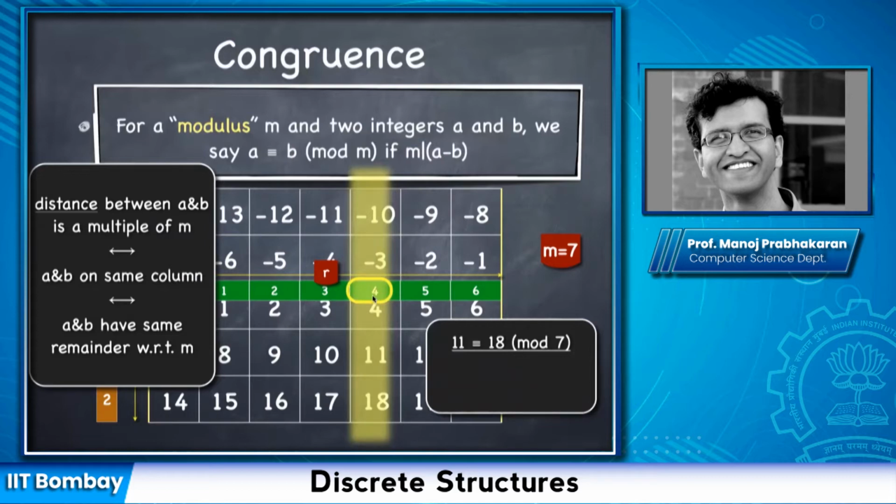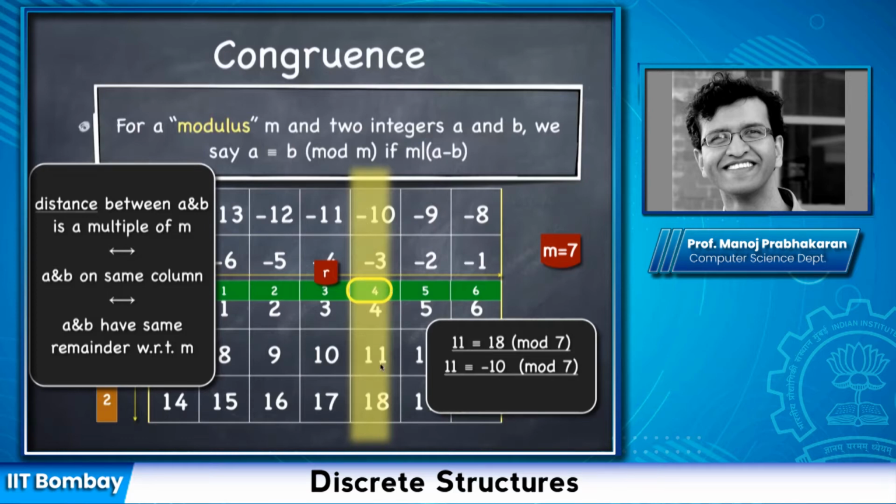So, a way to visualize integers which are congruent to each other is to say they are on the same column. Here's another example, 11 and minus 10. The distance between them is 21, and that's a multiple of 7. And again, they both lie in the same column.